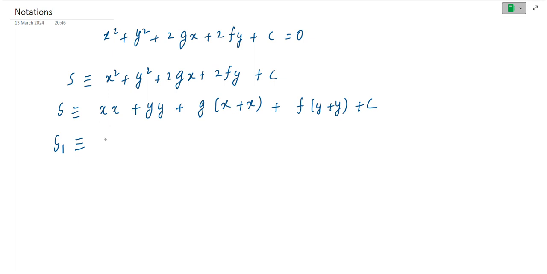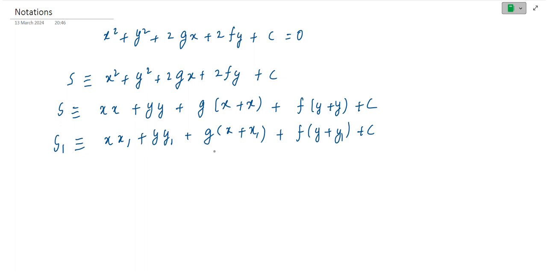I'm keeping one x as it is, and the other x I'm replacing with x1, plus one y as it is and the other y replaced with y1, plus g times of, keeping one x as it is, and the other x replaced with x1, plus f times of y plus y1, plus c.